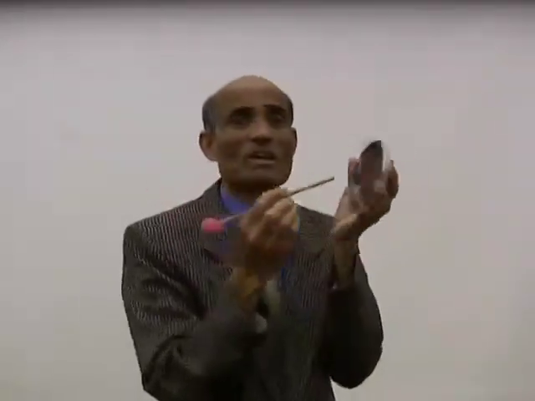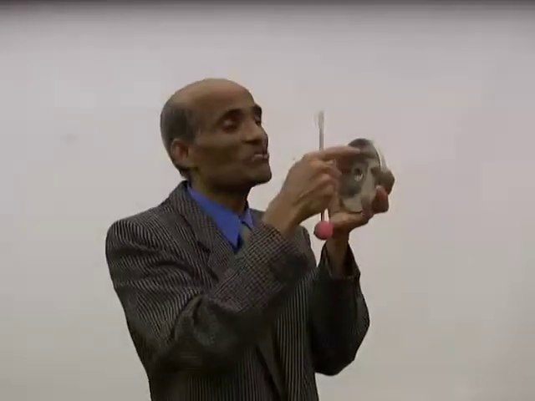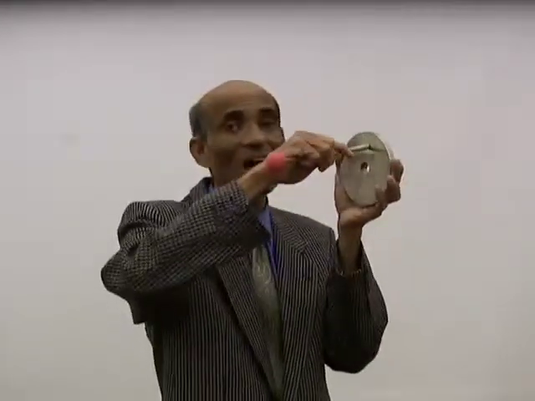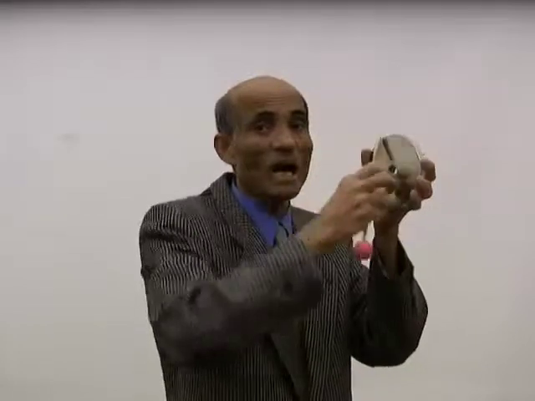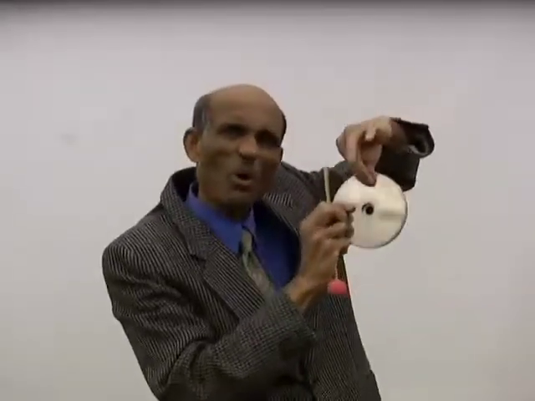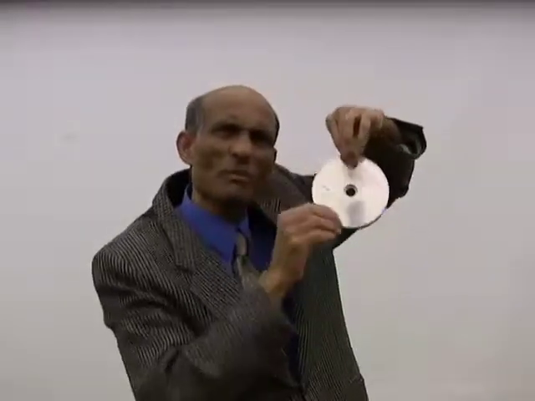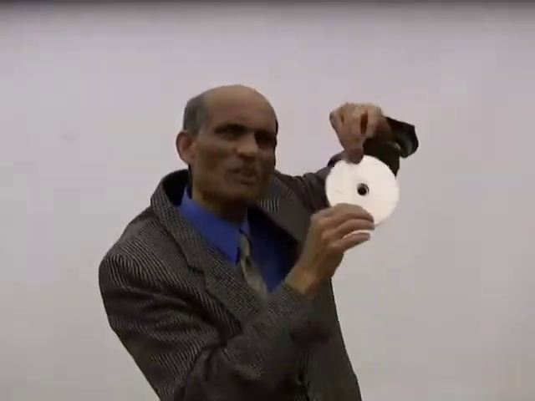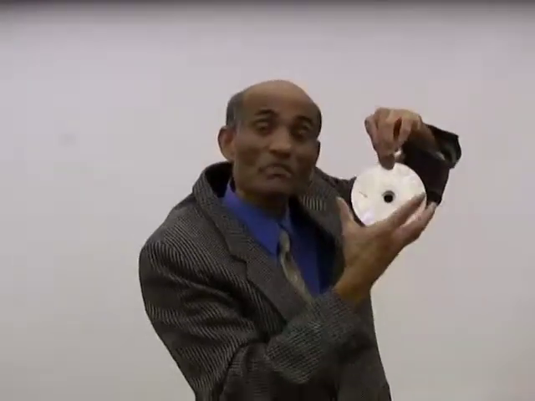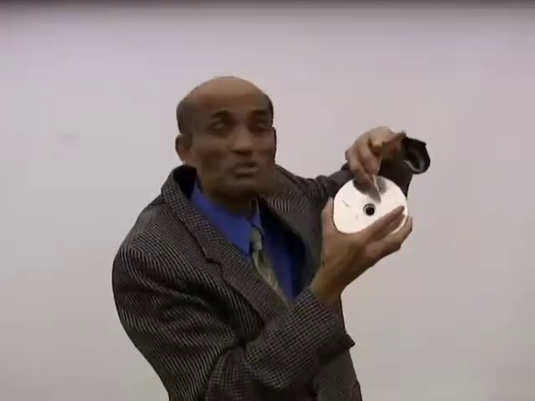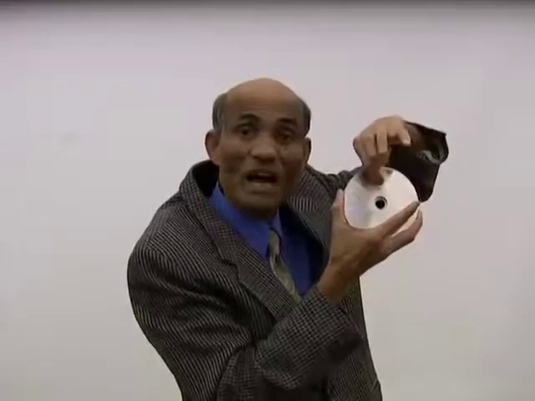Now, can you imagine? If I want to rotate this disk about an axis passing through here, I'm going to hold it there, and consider how difficult it is for me to rotate it about that axis. That means this disk has a much greater moment of inertia about this axis.